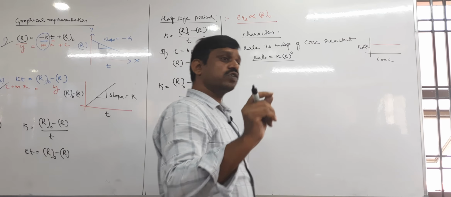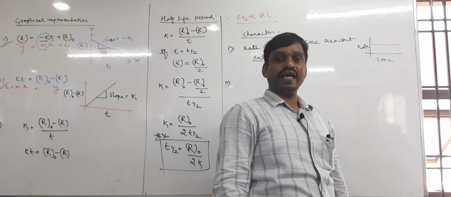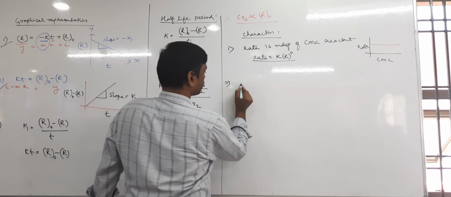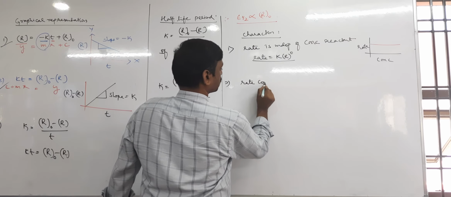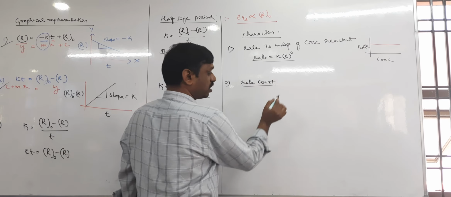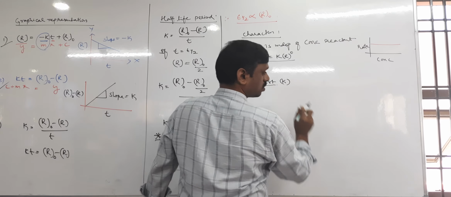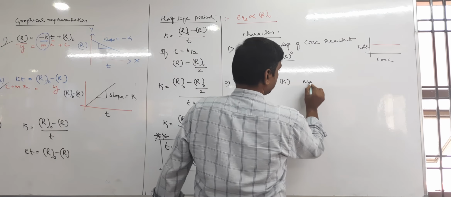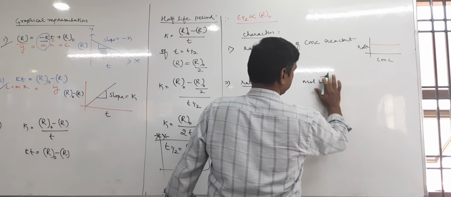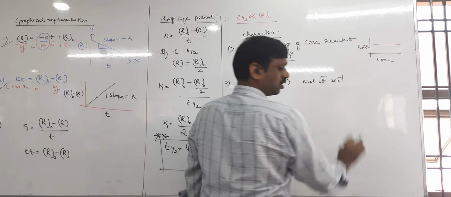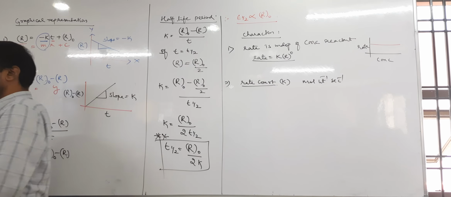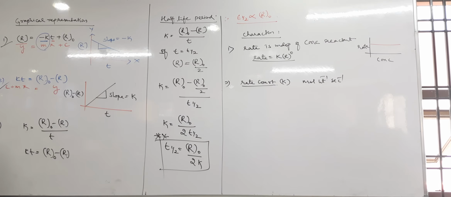The unit of rate constant K is similar to the rate of chemical reaction, that is mole per liter per second.